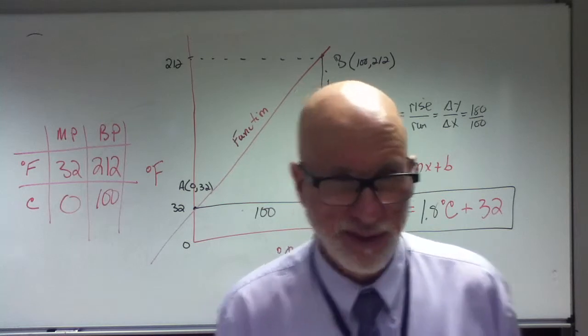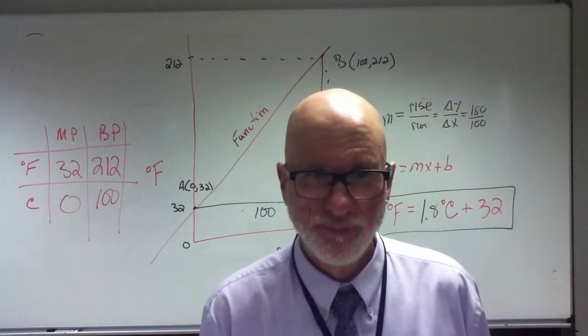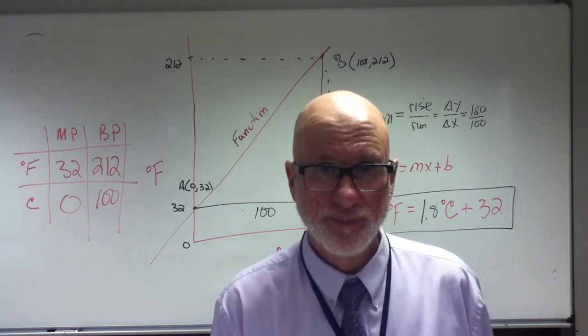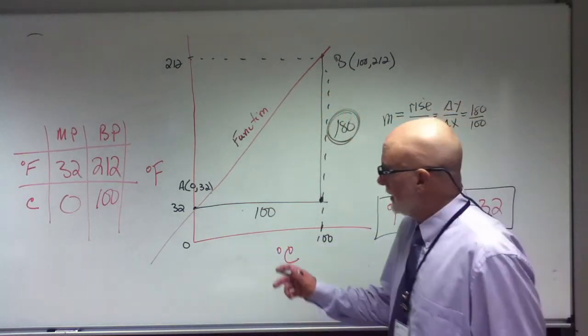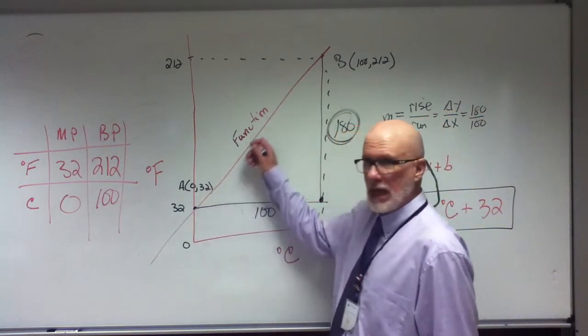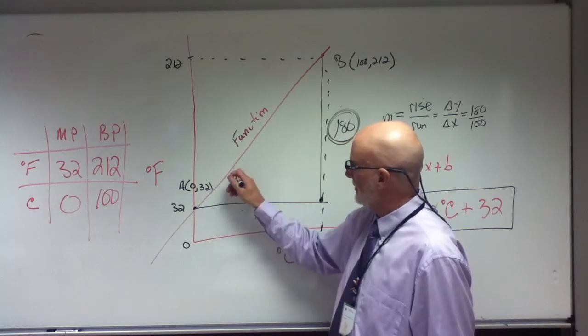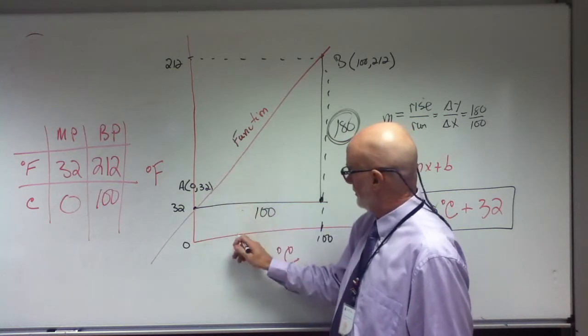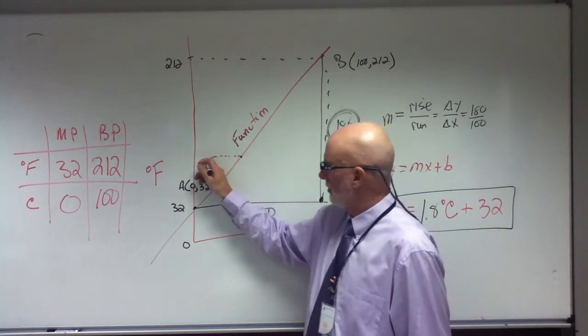Right? Okay. So body temperature is what? Body temperature is 37 degrees Celsius, right? So anywhere along this line, if I put 37 here, let's say that that's 37, I want to know this.